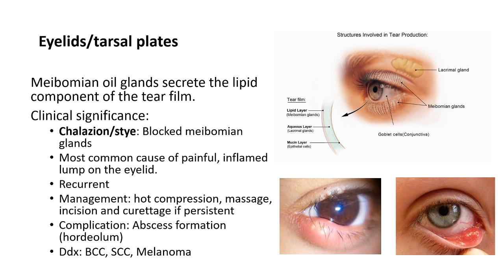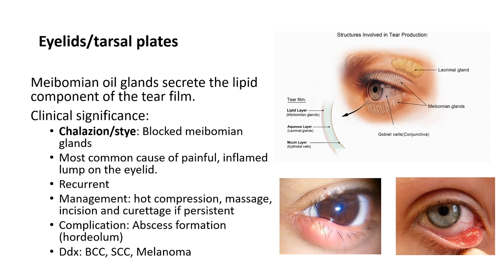The patient may present with a painful, swollen lump of the eyelid, and the management is with hot compression and massage. Although the prognosis is good, this can be recurrent, and persistent blockage of the gland may require incision and curettage to prevent formation of abscess.